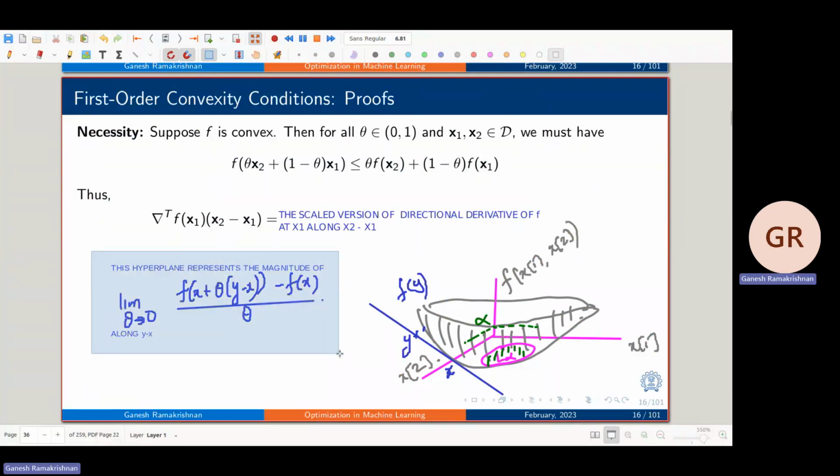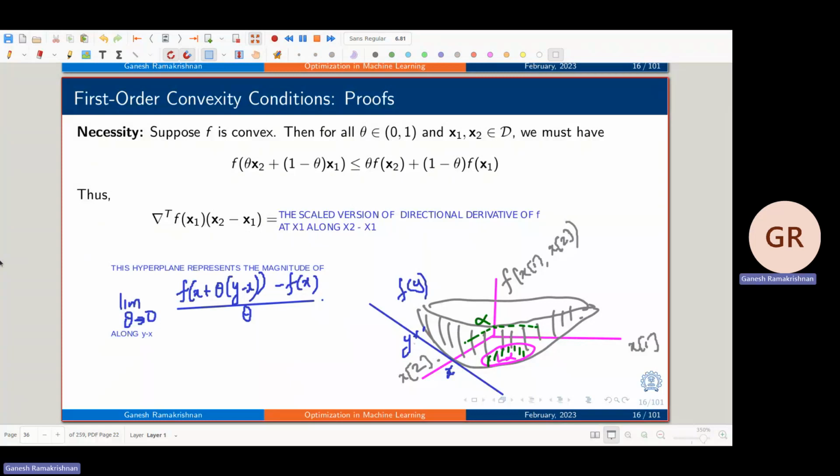The directional derivative would have been the limit as theta goes to 0 of f of x plus theta y minus f of x, divided by theta. But now it's unnormalized. So we are saying, at this point x1, what is the rate of change of the function along x2 minus x1? Can you write down the exact expression, please?